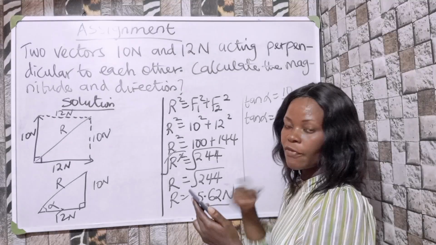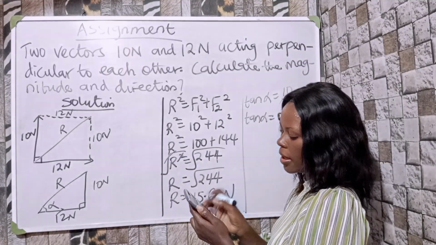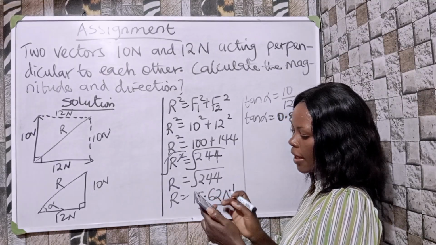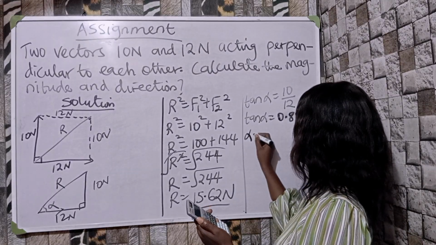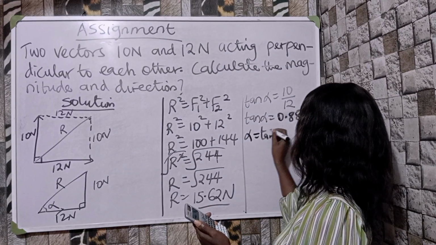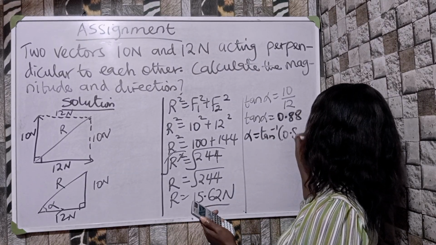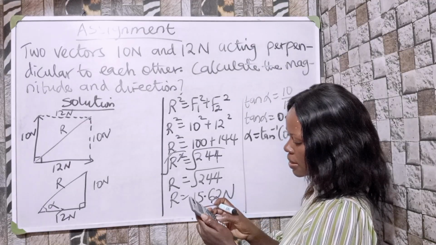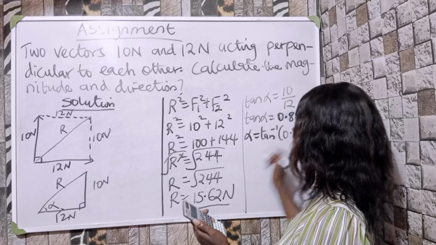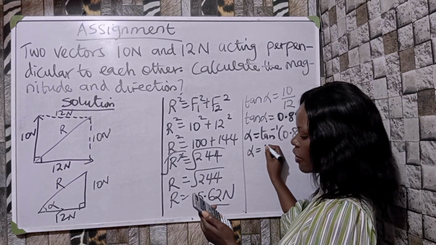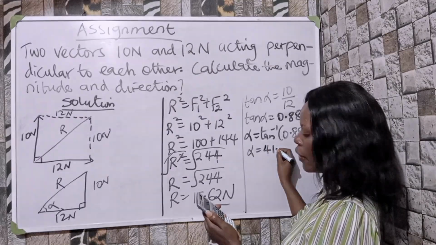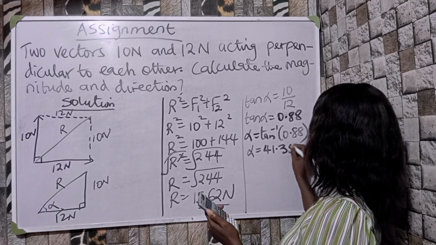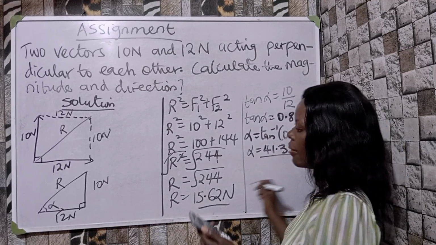Since I'm looking for alpha, which is the direction, I'm going to do shift tan. So alpha is equal to tan inverse of 0.88. Shift tan 0.88 equals, I have alpha to be 41.35 approximately. This is my alpha.